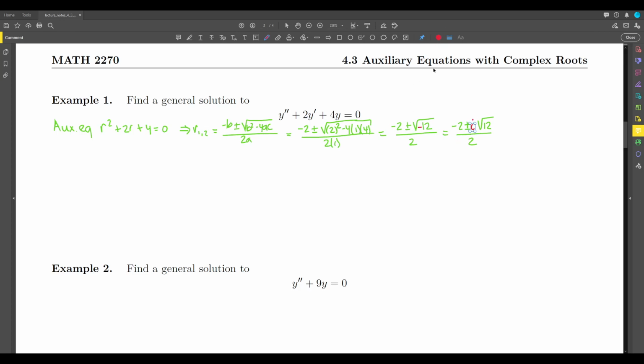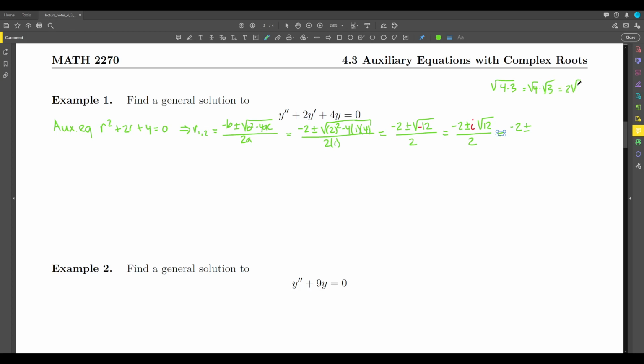And we can then simplify that even further by simplifying the square root of 12. So we get negative 2 plus or minus, and the square root of 12, we can write as square root of 4 times 3, which is square root of 4 times square root of 3.